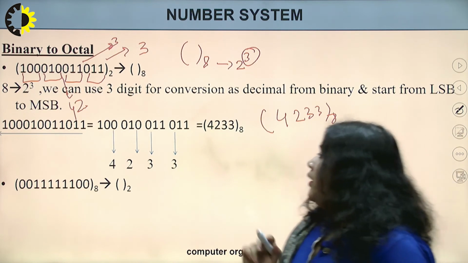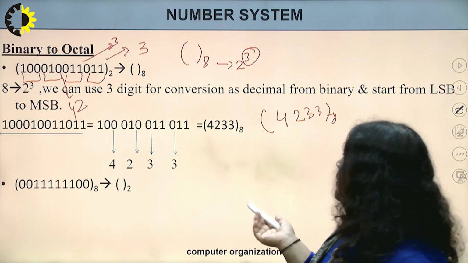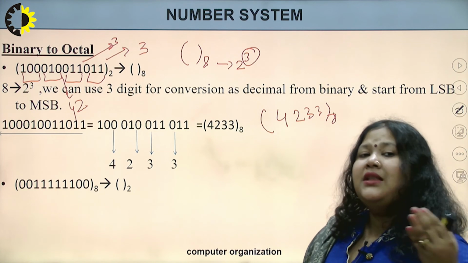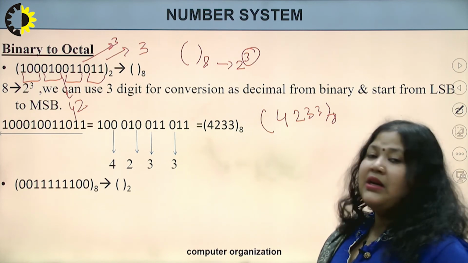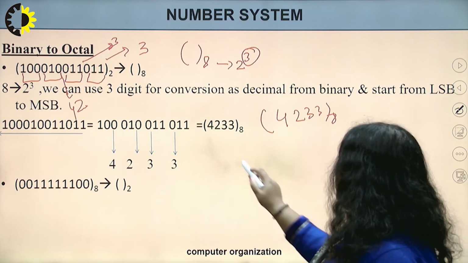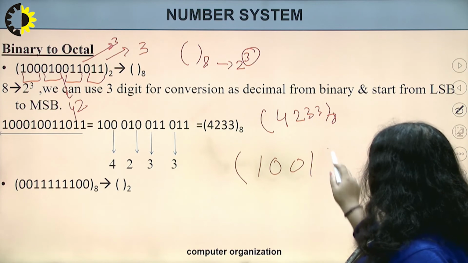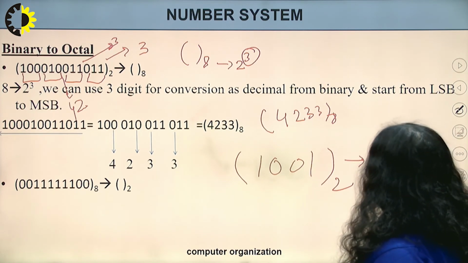One thing you have to always keep in mind: if in the MSB part only 1 digit is left, then we add 0 0 to complete the group of 3. Let's take another example. Suppose this is a binary number and we have to convert it to octal.